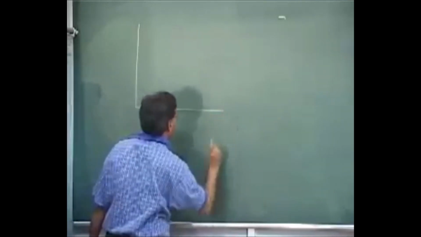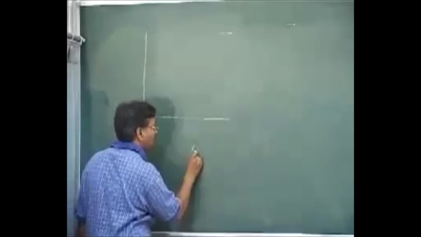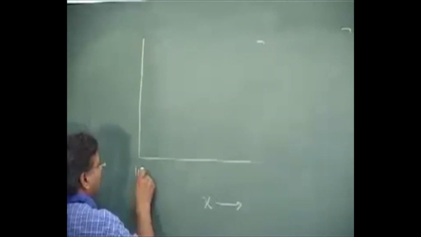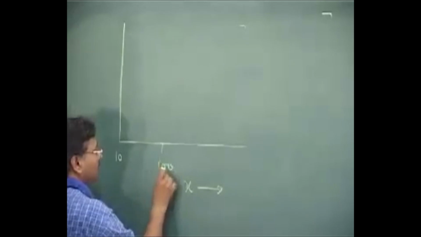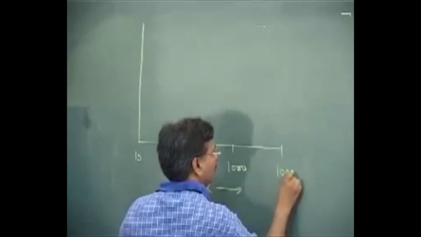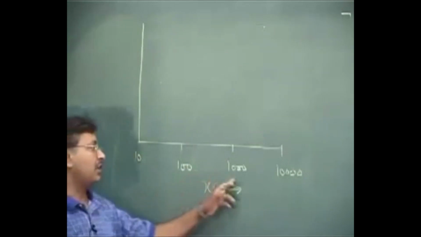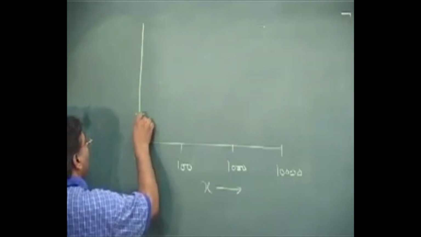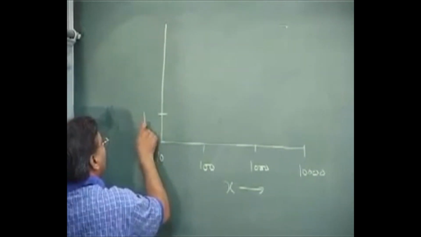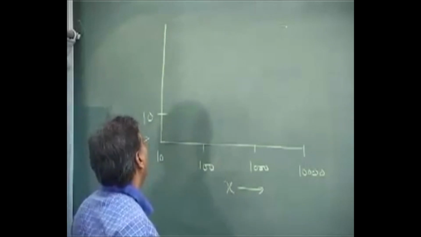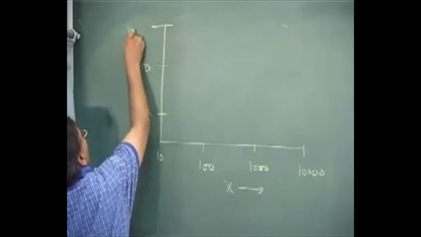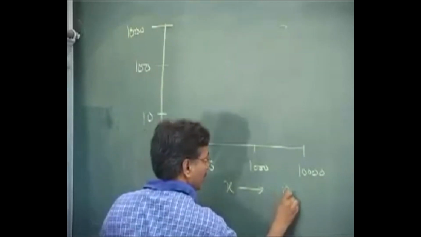Let's see. This side is the downwind distance x, on a logarithmic scale: 10, 100, 1000, 10,000. And this is in meters.